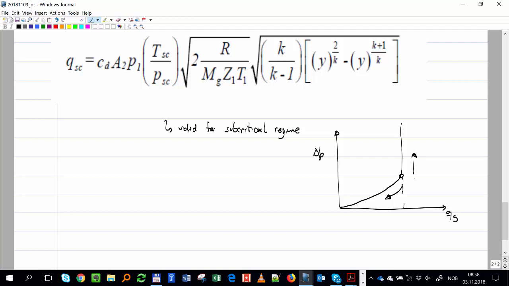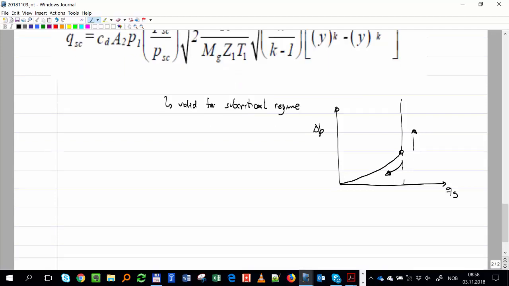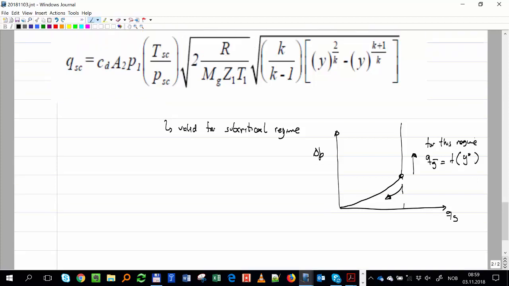For that, I just have to calculate for this regime simply QG, which will be this function at the critical Y, at the critical pressure ratio.